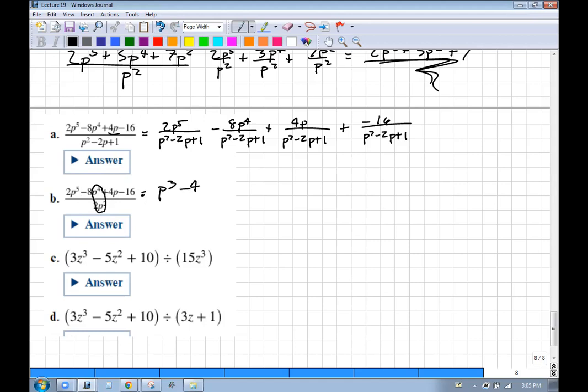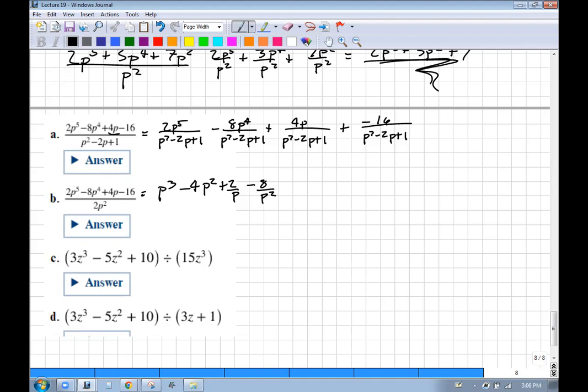P fourth over p squared gives me a p squared. 4 over 2 is 2, and then I'd have a p on the bottom. And then 16 divided by 2 would be 8, and I have p squared on the bottom. Right, I could just do that.